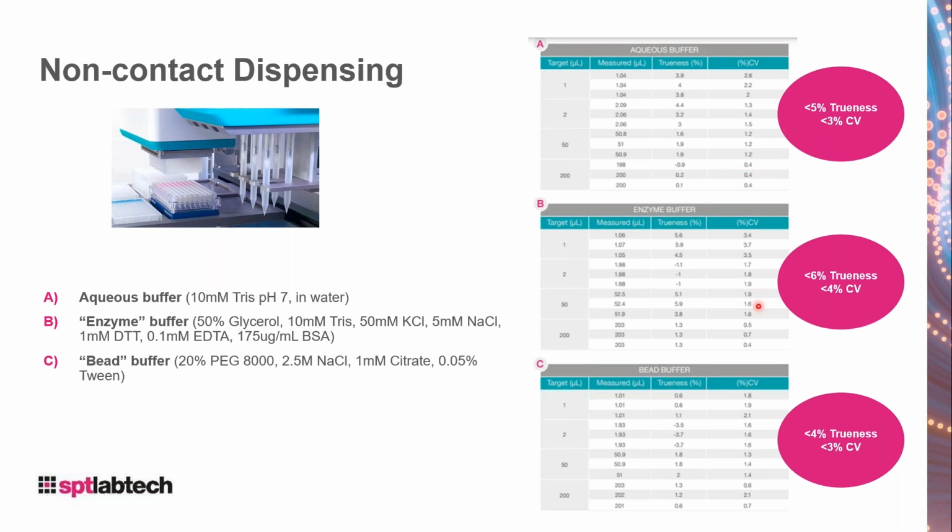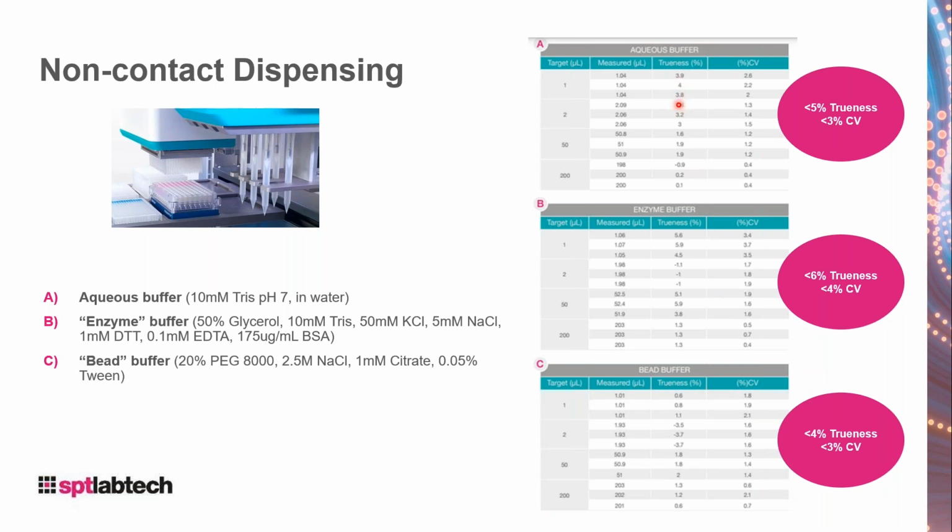So this data shows that we had low variation in our dispenses. Our CVs are typically less than about 3 to 4%, even with our more challenging reagents like that enzyme buffer or bead buffer. And the dispenses are also on target, typically all less than 6%.